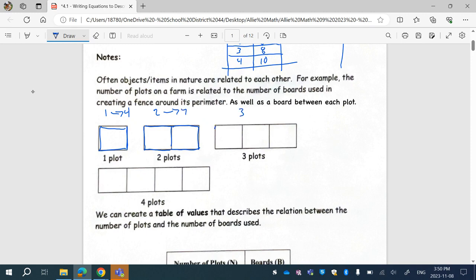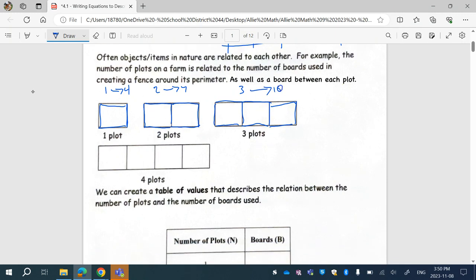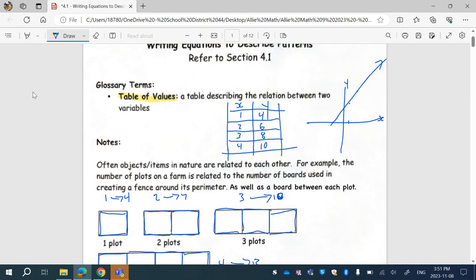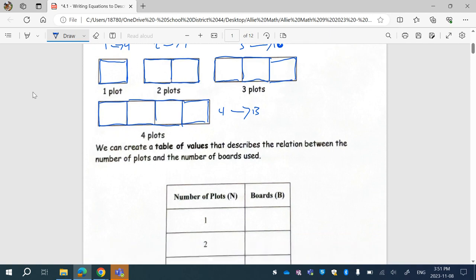For 3 plots, we would have 10. For 4 plots, we would have 13.